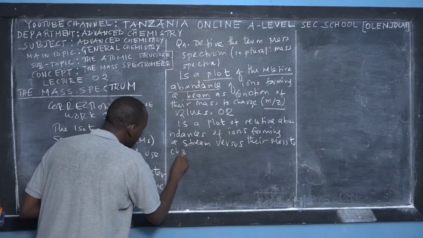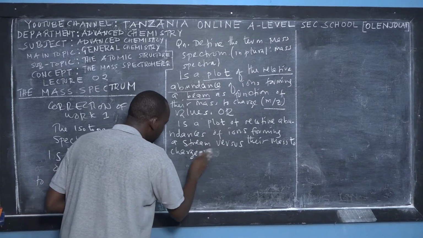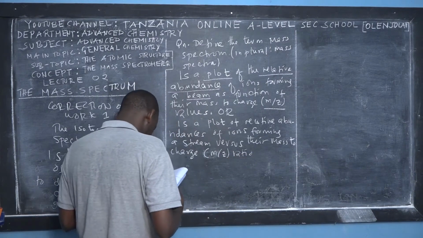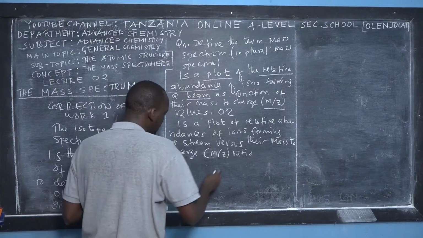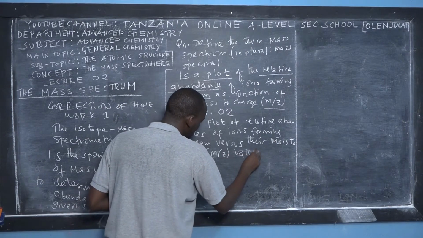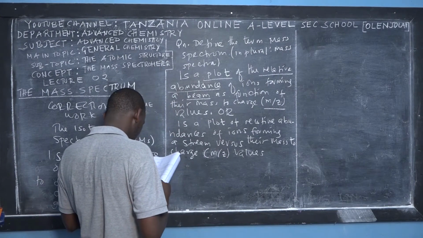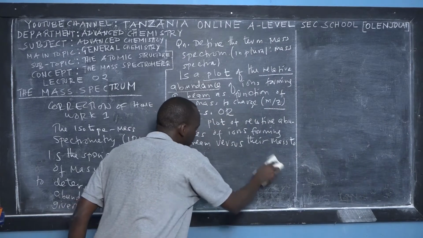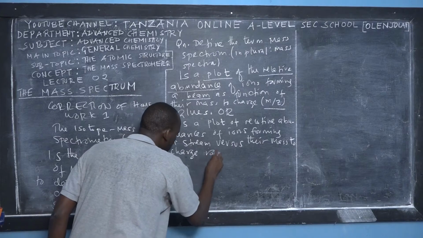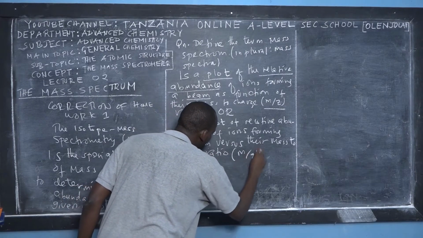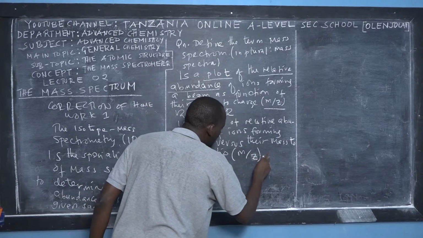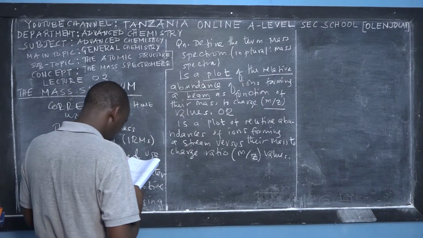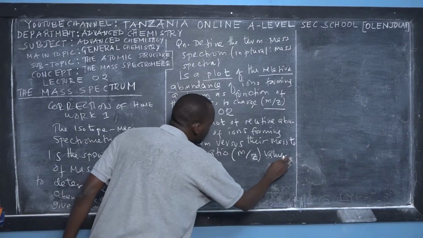So in brackets we say mass over charge ratio values.